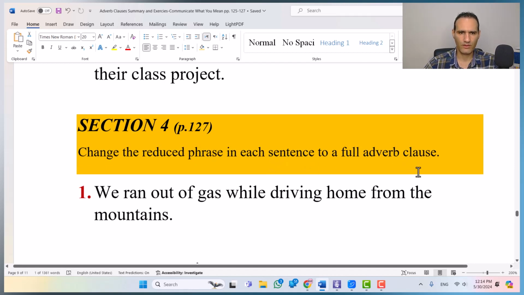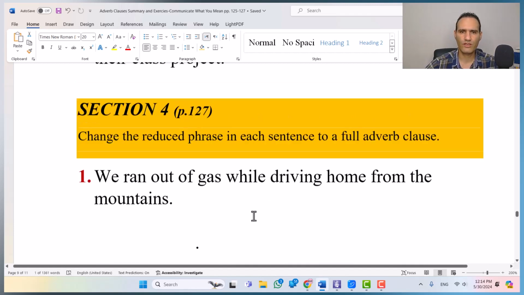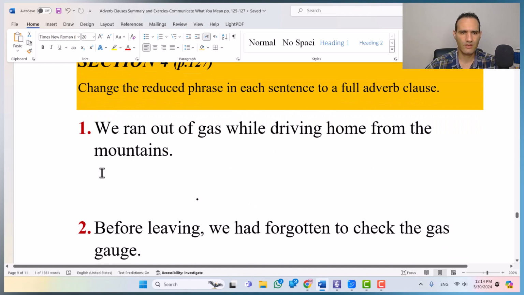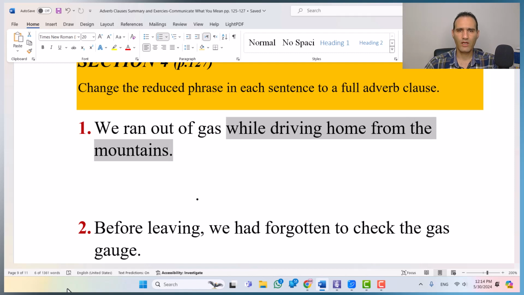Okay, and now section 4, page 127, change the reduced phrase in each sentence to a full adverb clause. Now here the story is the other way around. We have the reduced adverb clause. We want to see what the original sentence was. It says, we ran out of gas, while driving home from the mountains. So we know that the subject of the reduced adverb clause surely is the subject of the main clause.